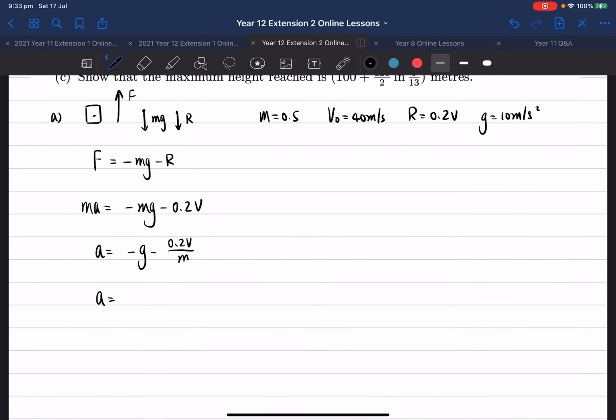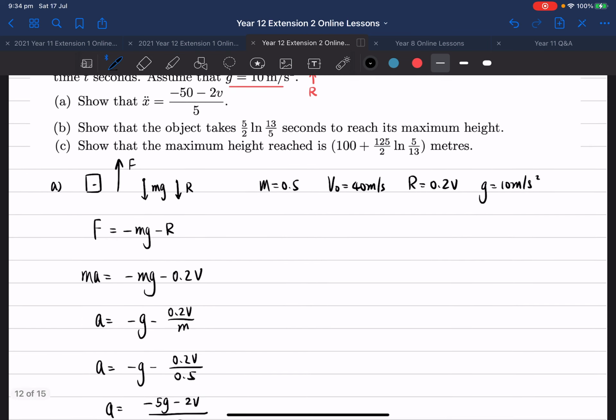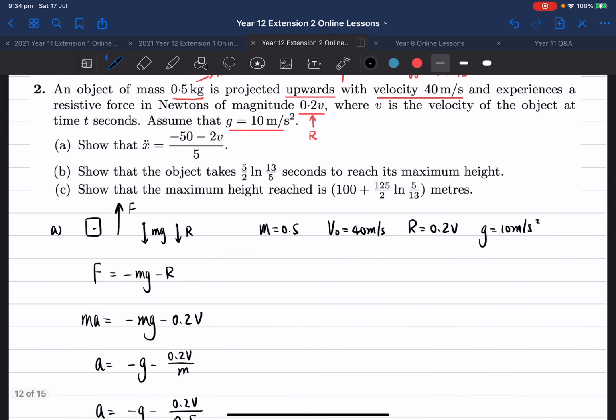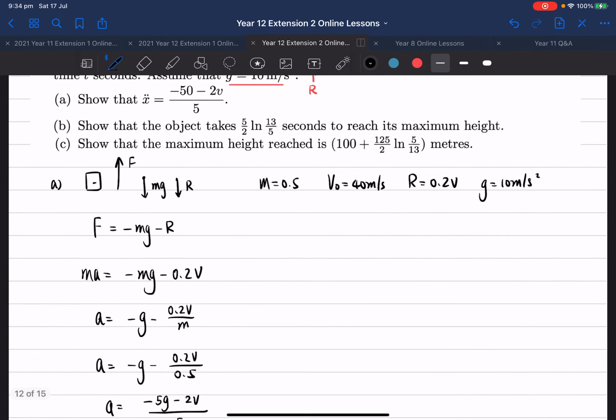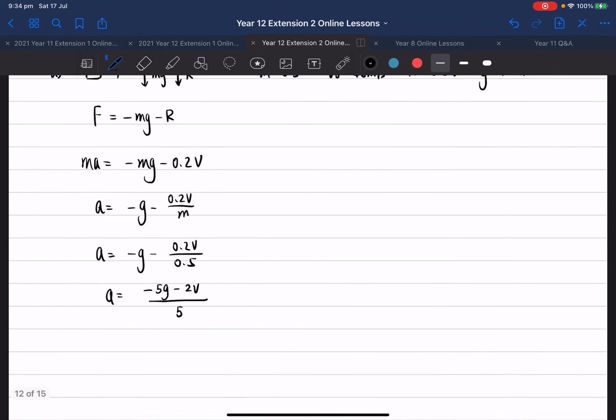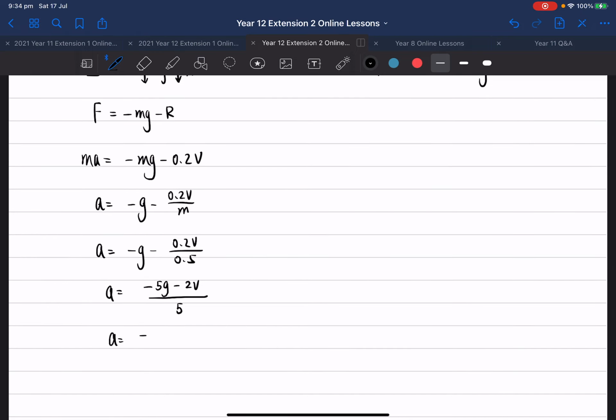So acceleration is negative g minus 0.2v over 0.5, which after you simplify is minus 5g minus 2v over 5. Oh, minus 50. Why is it minus 50 here? Did I make a mistake? No, I didn't. I need to substitute g equals 10, so the acceleration is minus 50 minus 2v over 5. So here we go, that's the acceleration.